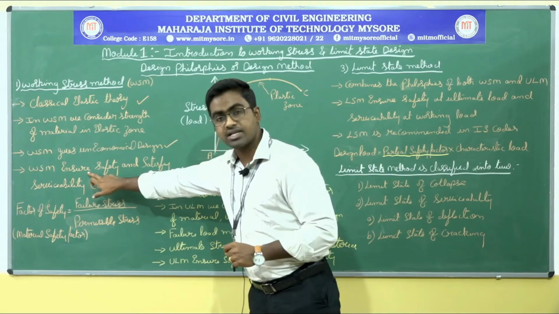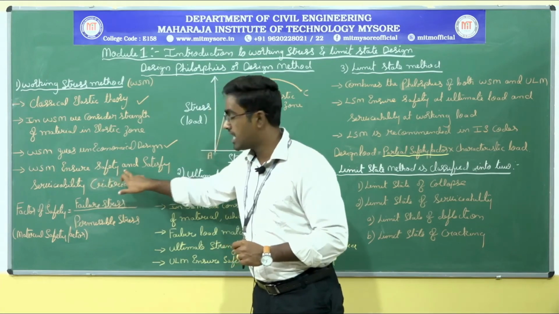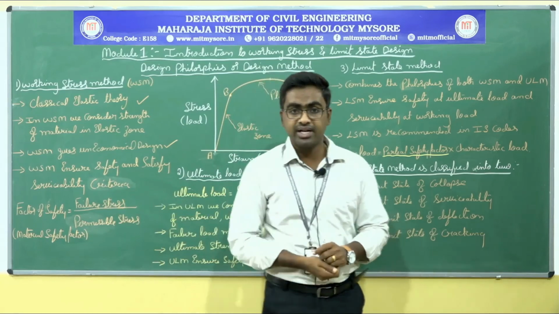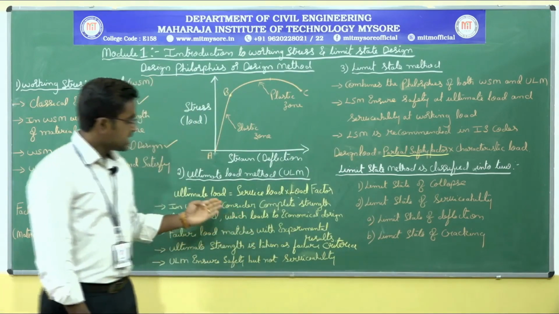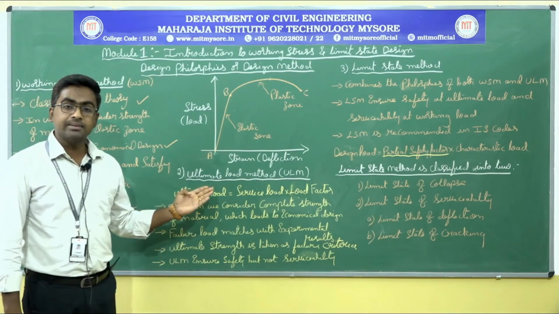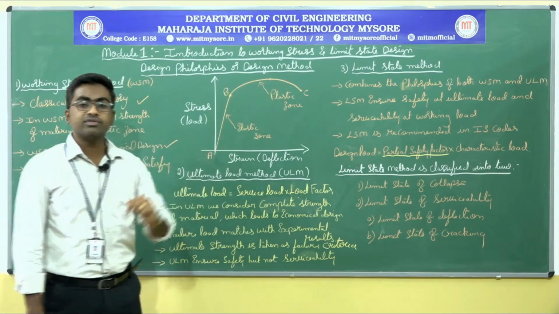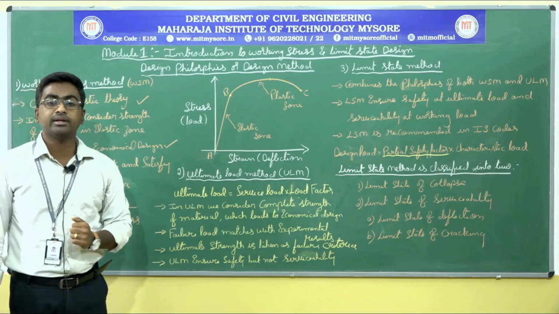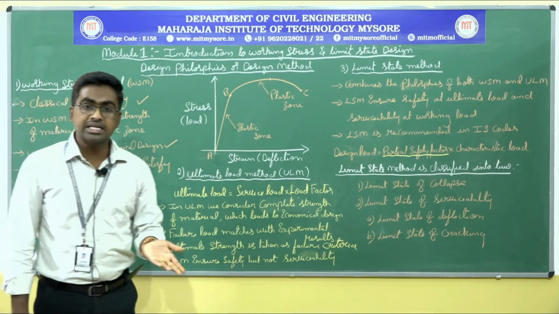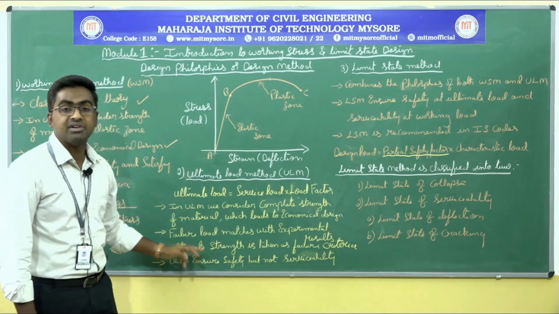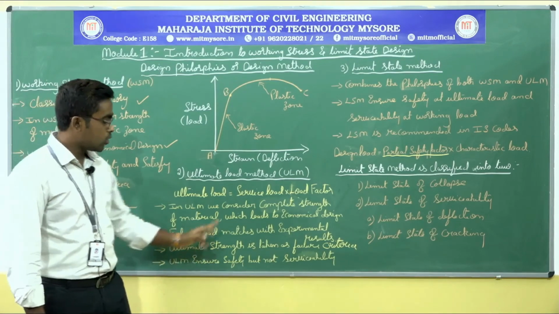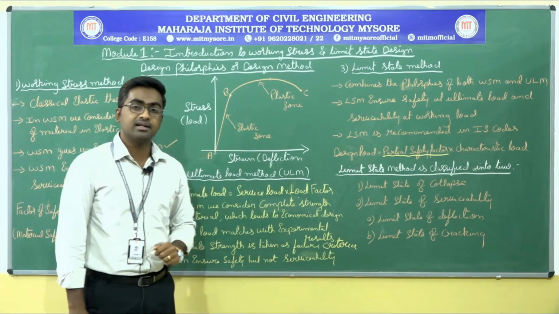Using the working stress method, it ensures the safety and also satisfies the serviceability criteria. The second one was the ultimate load method, and in this method we utilize the complete strength of the material up to the failure point. So it gives an economical design, but the serviceability criteria will fail.